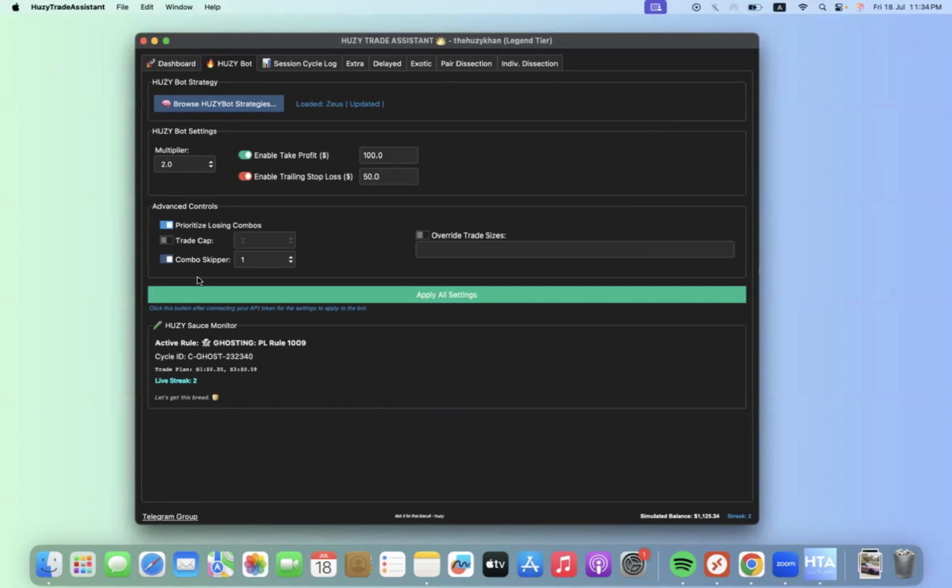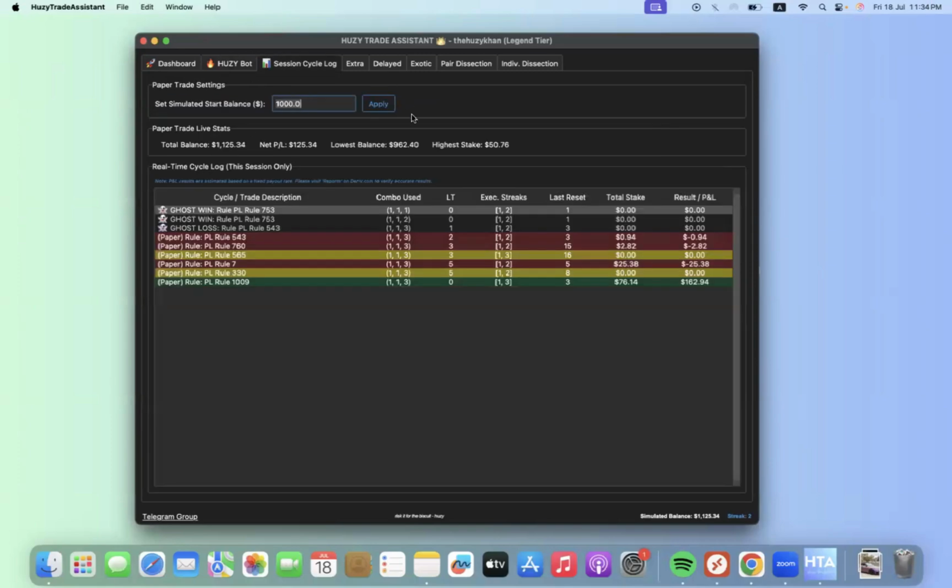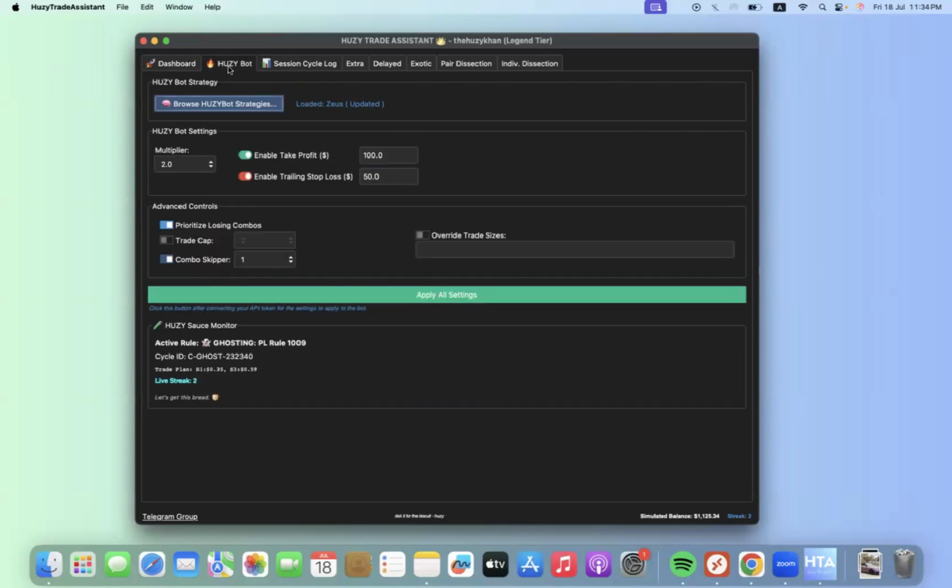Okay, so with this combo skipper, what it's going to do is that we have our ghost cycles running. We let our assigned rules with certain combos run for a little while, test out the markets. What are they doing? What are they showing us?